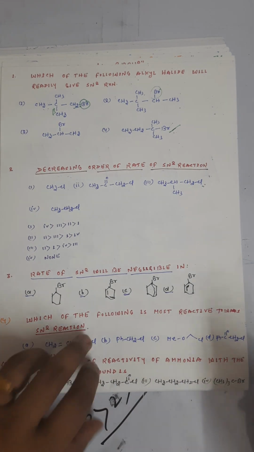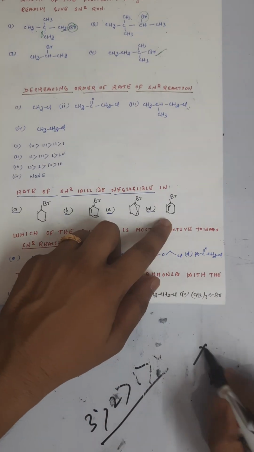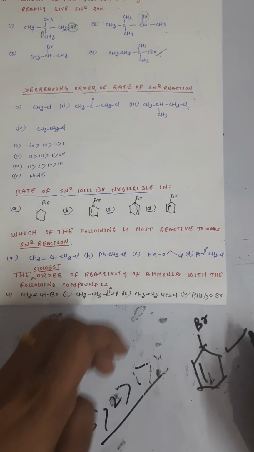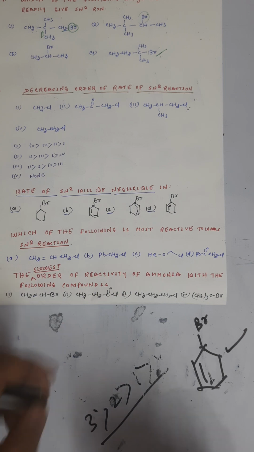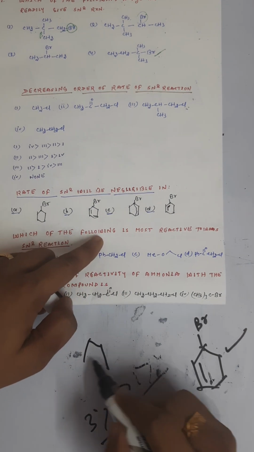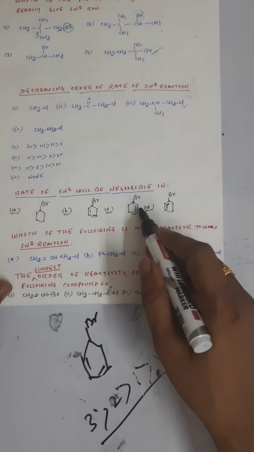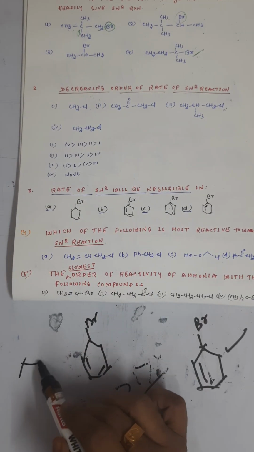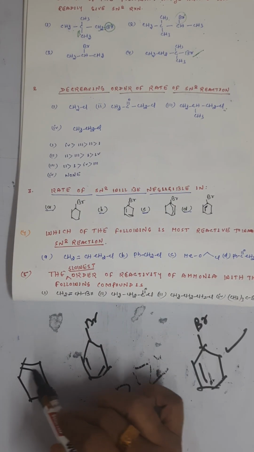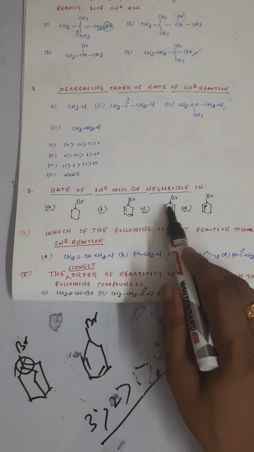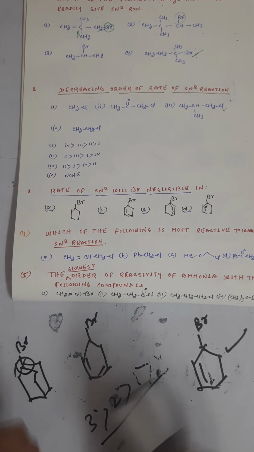And here is the allyl, which obviously will go in SN2 reactions. This other compound will also go. But here are bridgehead atoms, students. Bridgehead atoms are treated as 3 degree, so it will be negligible.